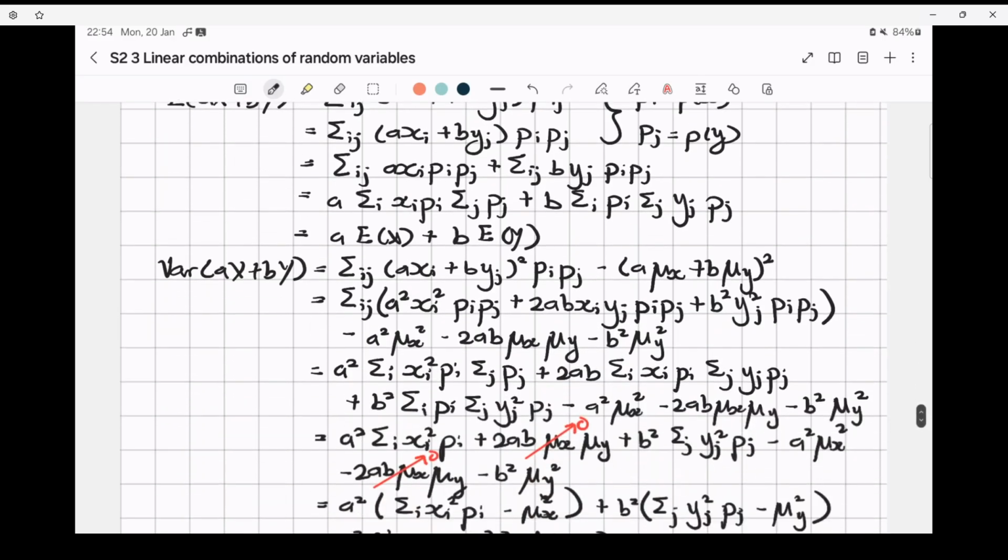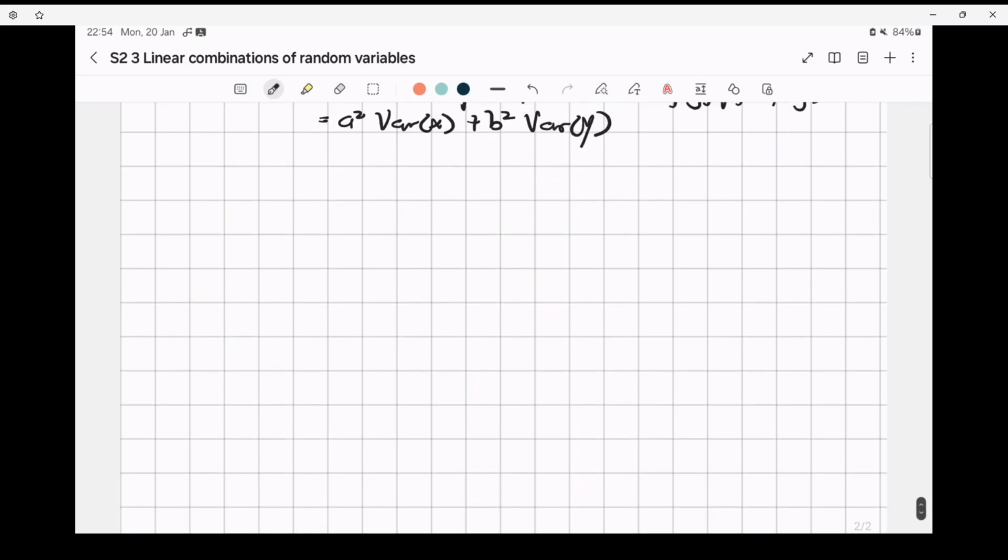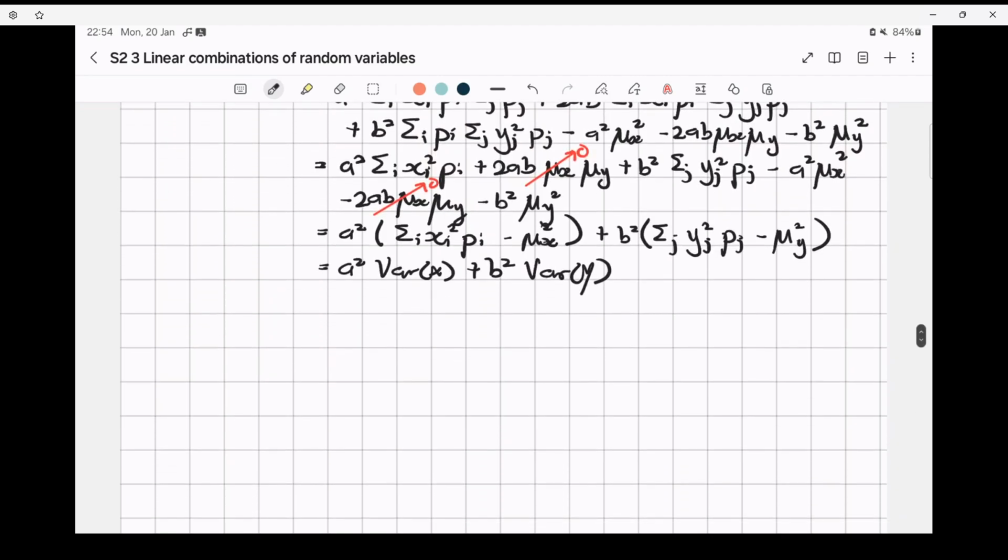So now I'm also going to show you how to derive this using continuous random variables. So what is the definition for the expectation of ax plus by? This is the integration of ax plus by times p xy dx dy.